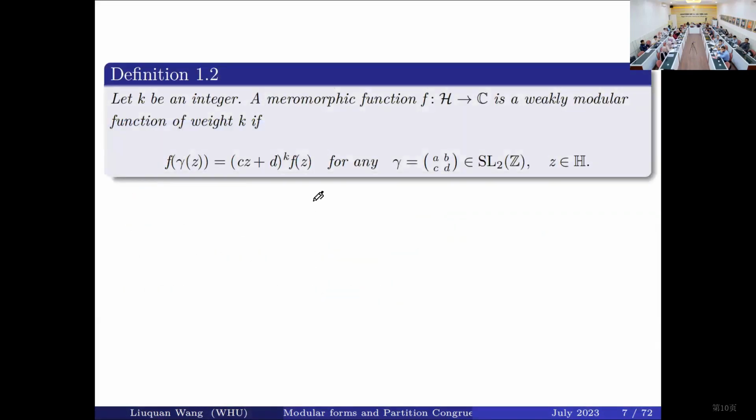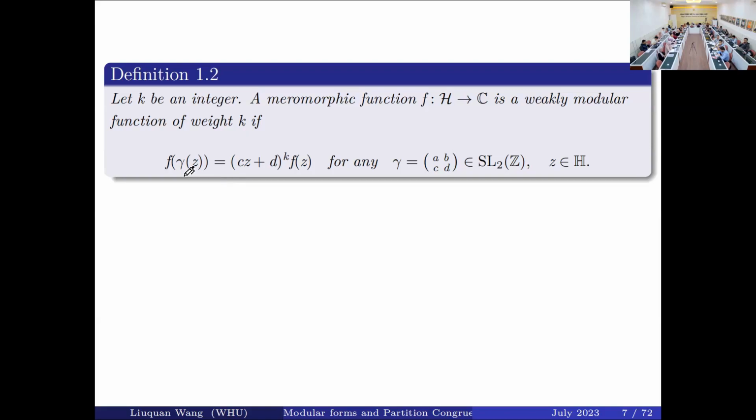And now we can give a definition for modular function. Let k be an integer and f a meromorphic function from the upper half complex plane to the set of complex values. We call f a weakly modular function of weight k when f satisfies the following functional equation.